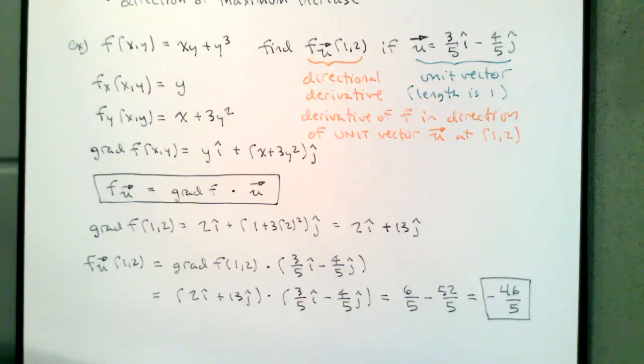What this means, if we're standing at the point 1, 2, and we move in the direction of 3/5 i minus 4/5 j, then we should expect the value of the function to decrease by 46/5.